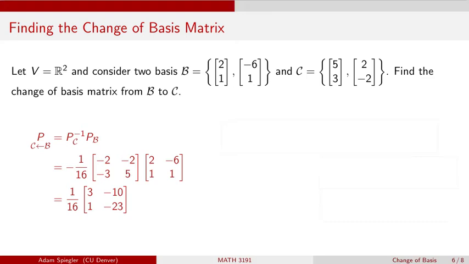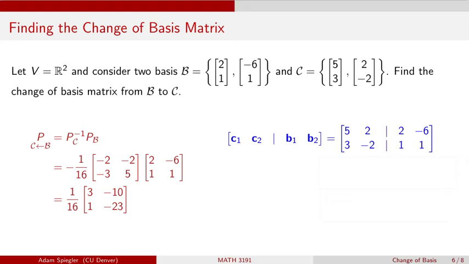So we can start with this sort of augmented matrix where we start with two column vectors corresponding to basis C. So this first matrix over here, 5, 3, 2, minus 2, this is the change of basis from C into the standard basis.